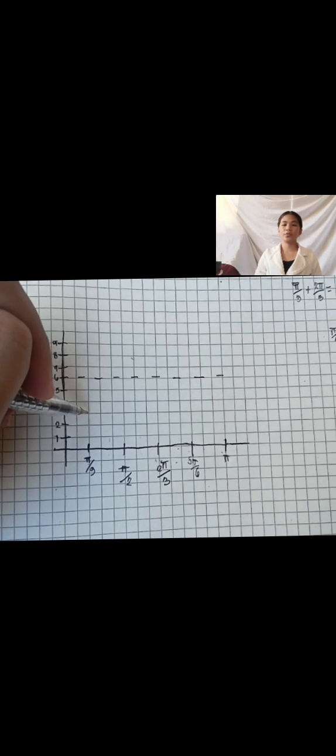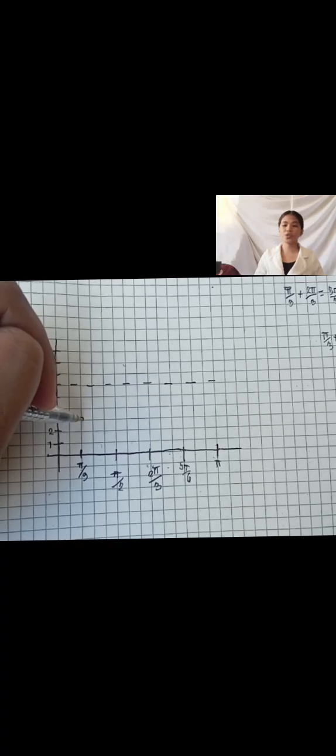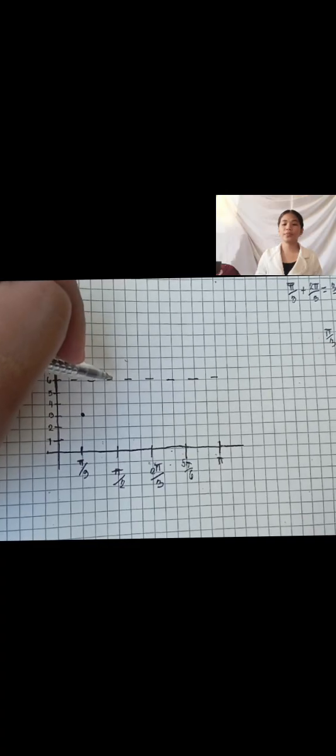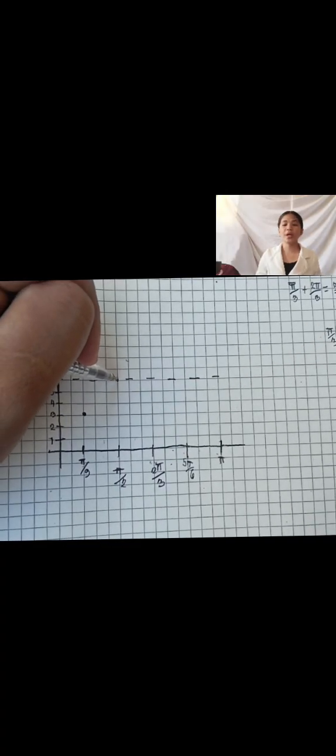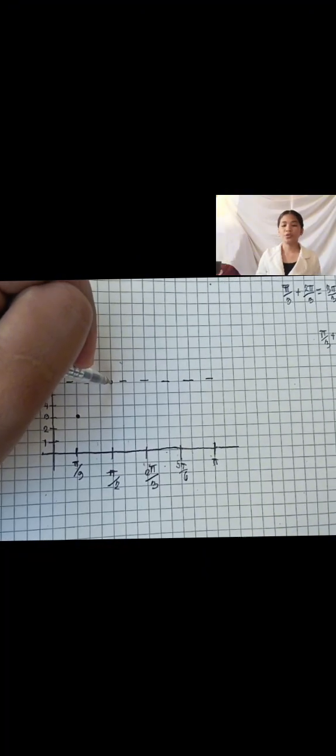So what will we do next? We need to start plotting the points. The first is vertically aligned at pi over 3, because that is the phase shift, and horizontally aligned at 3.